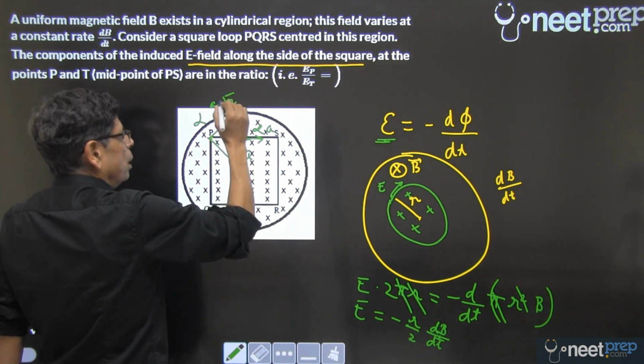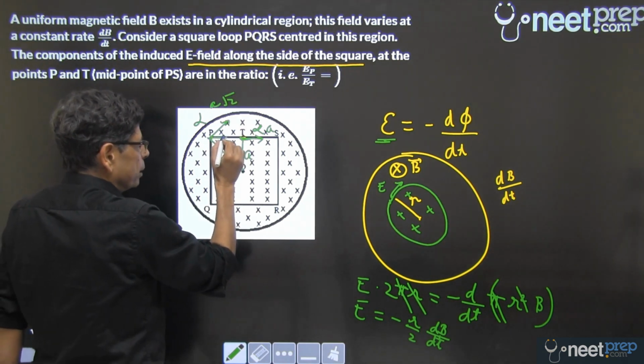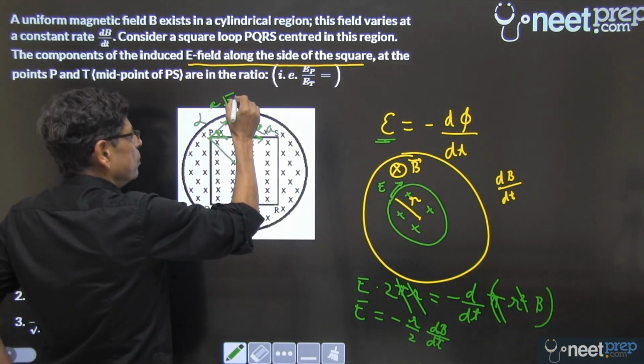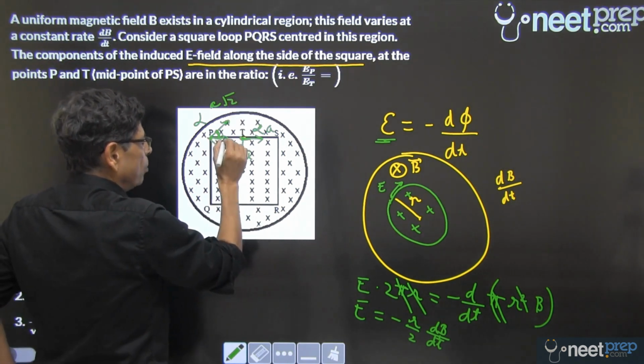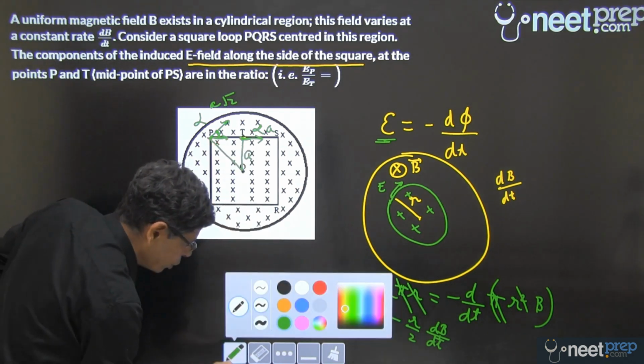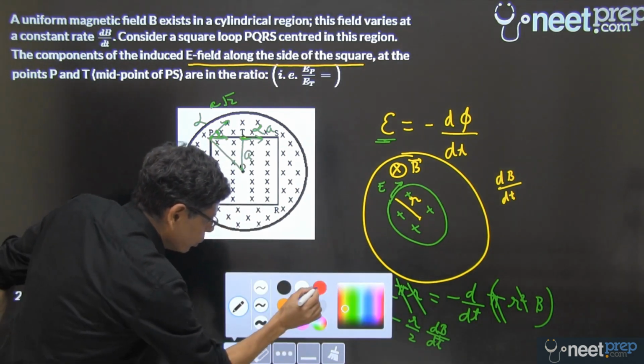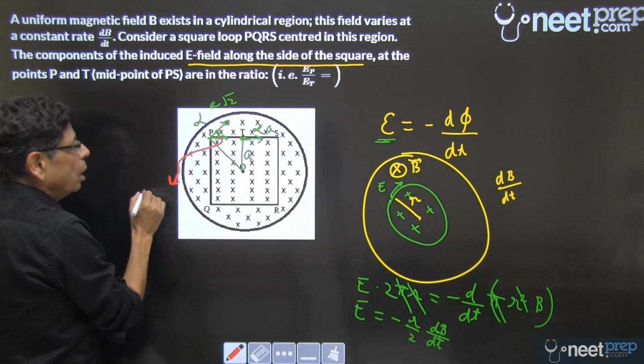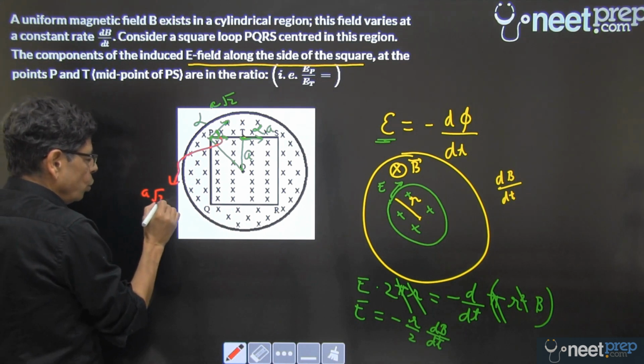But we want its component, that is at a 45-degree angle. So that will be cos 45. This component will be proportional to a root 2 cos 45.